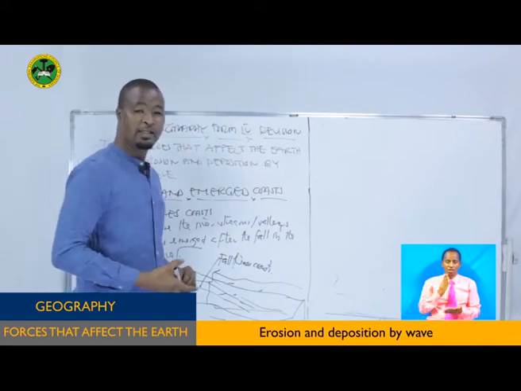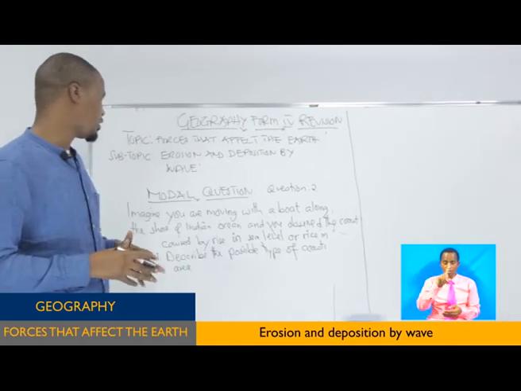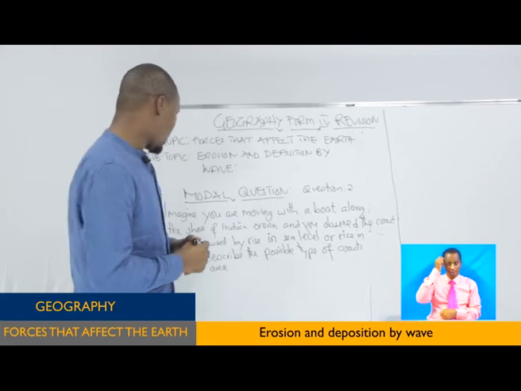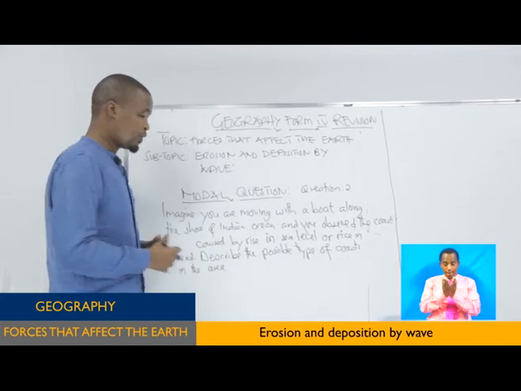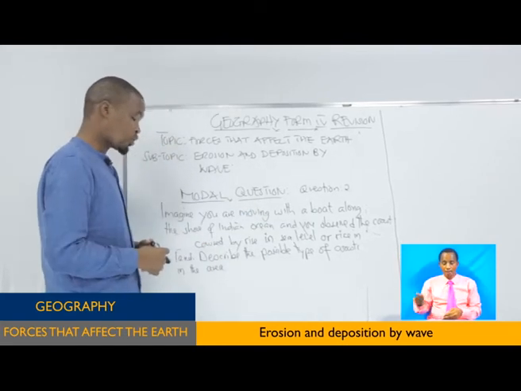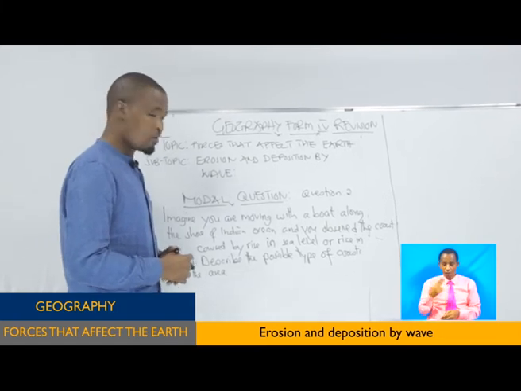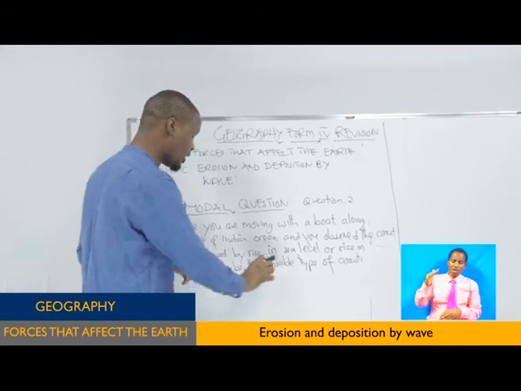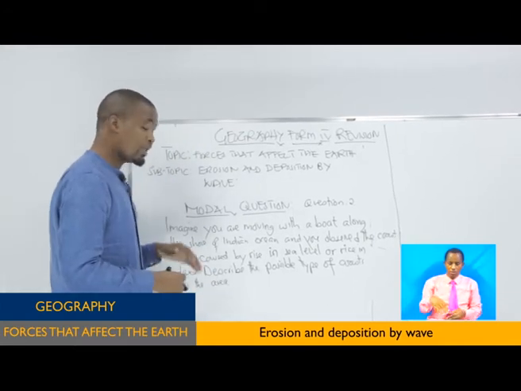So let's see the second model question. We have the model question right here. The second question, it's written that imagine you are moving with a boat along the shore of the Indian Ocean and you observed the coast caused by the rise in sea level or the rise in land. Then the question said, describe the possible type of coast in the area.